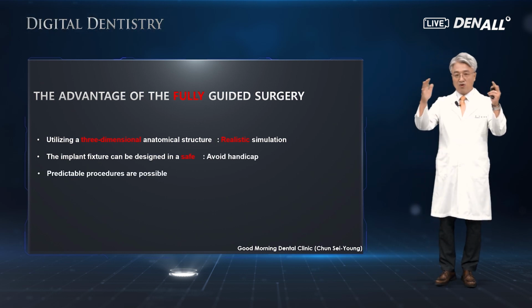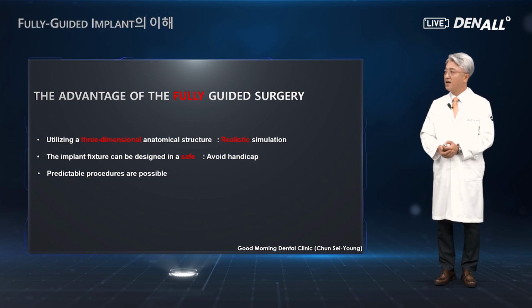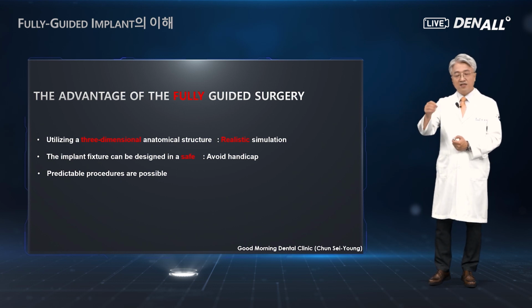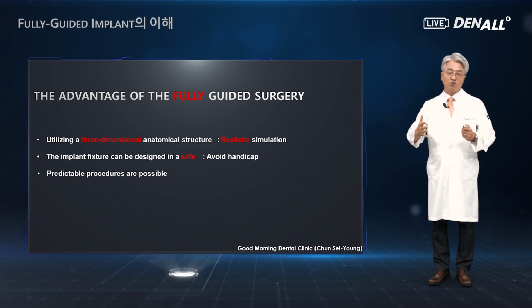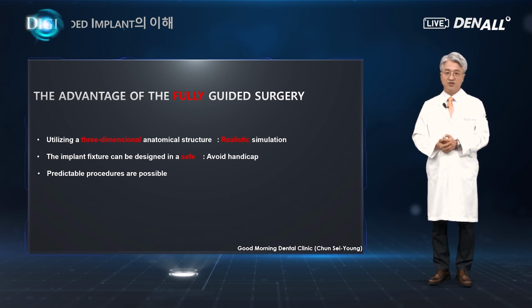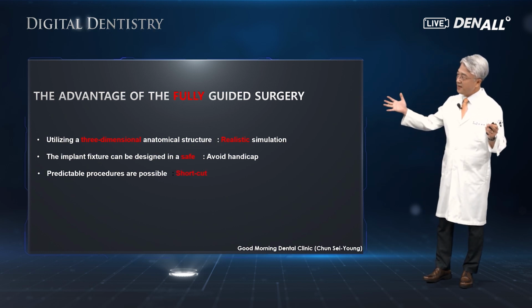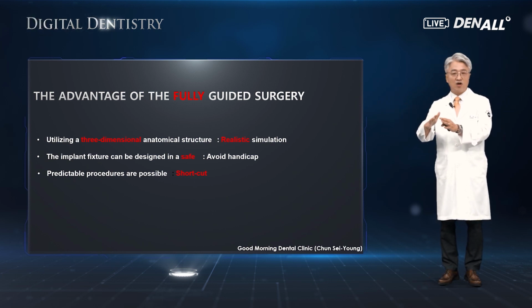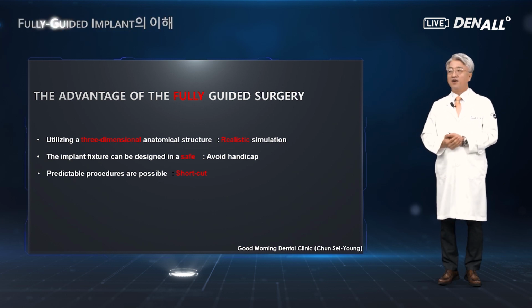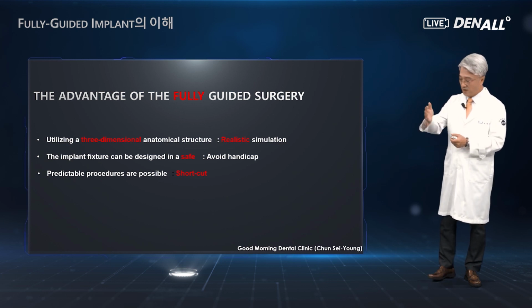And on the computer program, a three-dimensional simulation has been done to address predictable problems during surgery, and preparation can be done for such eventuality. So when we actually do the surgery on a patient, we can conduct the surgery in the shortest possible time, using the shortcut, giving least trauma to the patient.